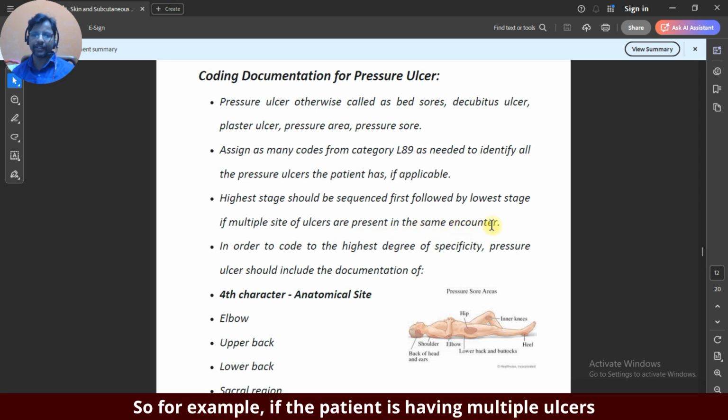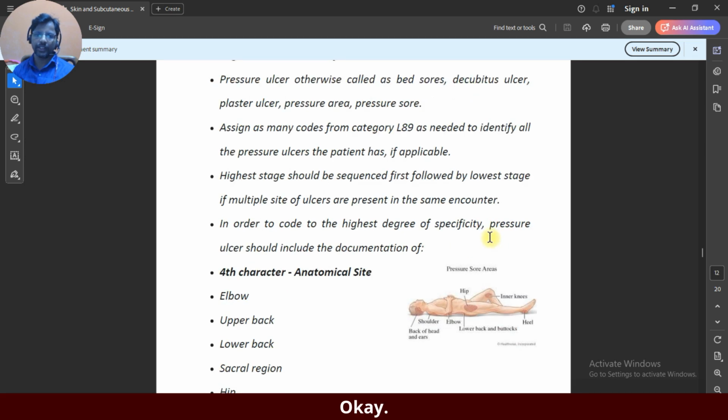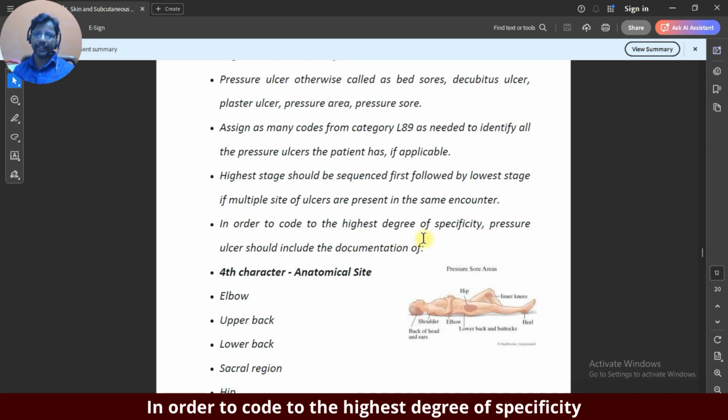For example, if the patient has ulcers in multiple locations, as we have discussed previously regarding pressure ulcer stages, we need to code the highest stage pressure ulcer first, followed by the lowest stage pressure ulcer.